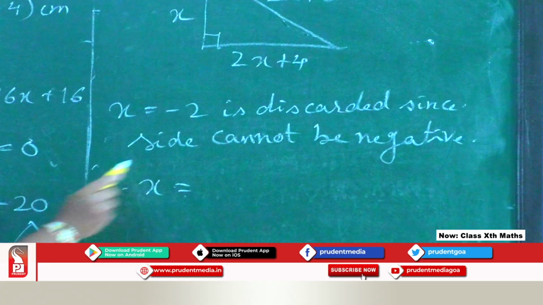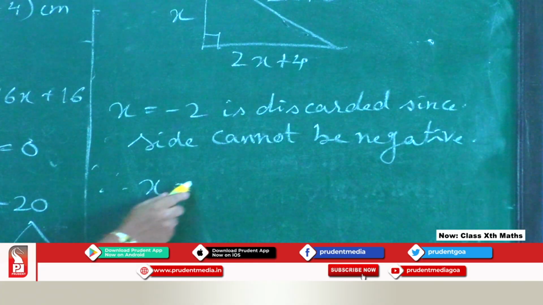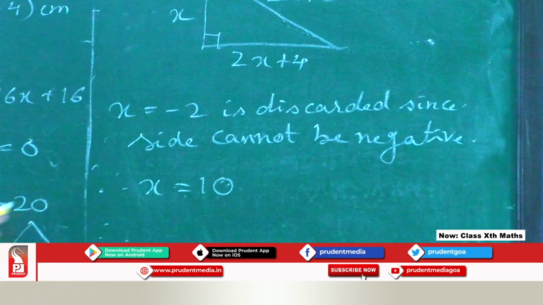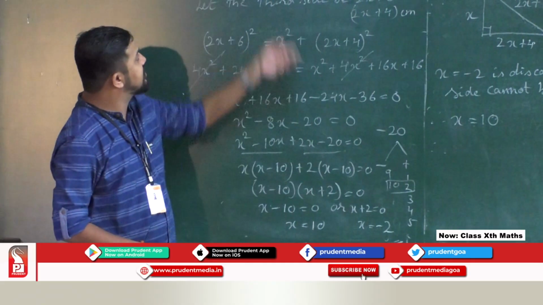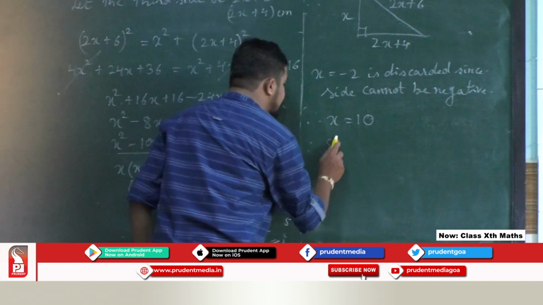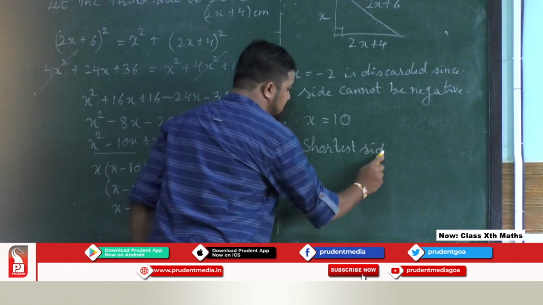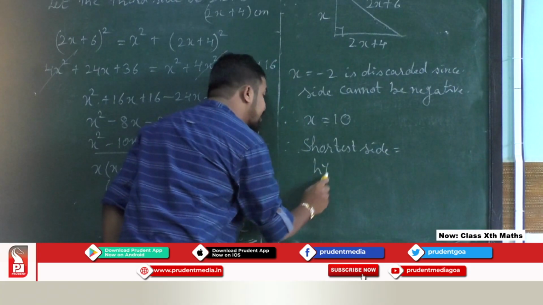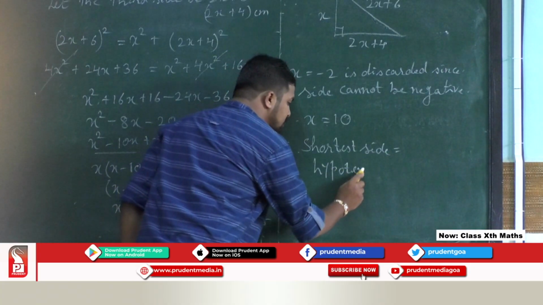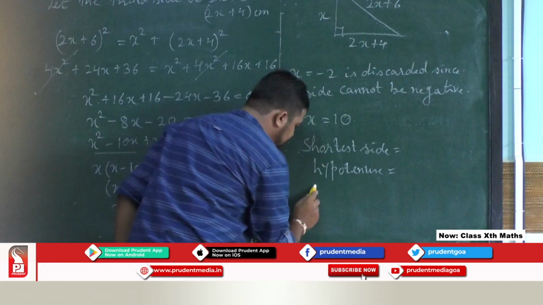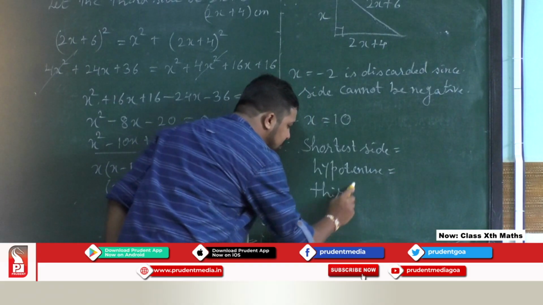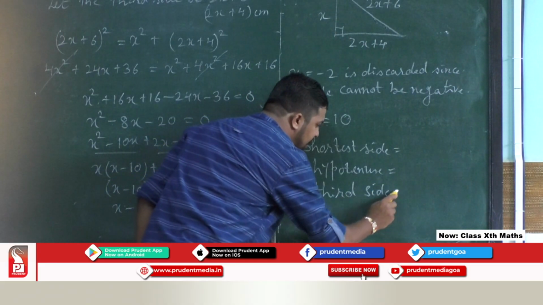Therefore, x is 10. So the question asks, find all the three sides. So first the shortest side, then second the hypotenuse, third the third side. So let us find now.